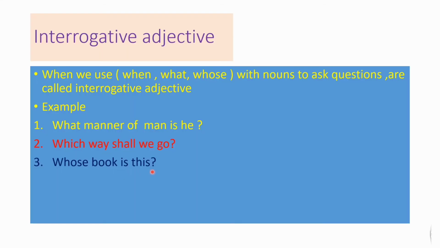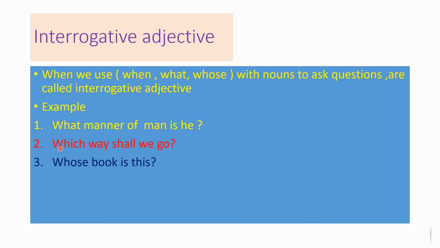Now moving to another type of adjective, which is the interrogative adjective. When we use which, what, whose with nouns to ask questions, they are called interrogative adjectives. In simple words, the adjective which introduces a question and is used before a noun is called an interrogative adjective. For example, what manner of man is he?